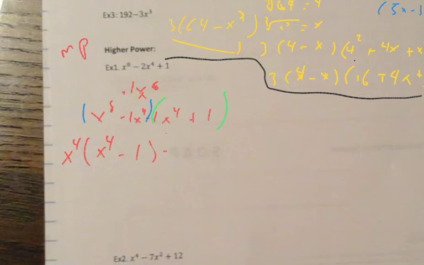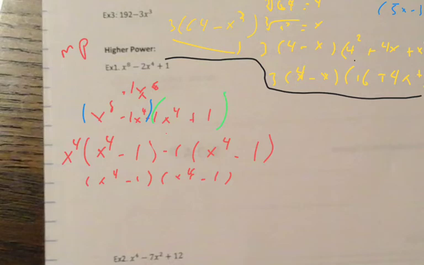We'll factor out a negative 1, and we're left with x to the 4th minus 1. So my factors are x to the 4th minus 1 and x to the 4th minus 1.